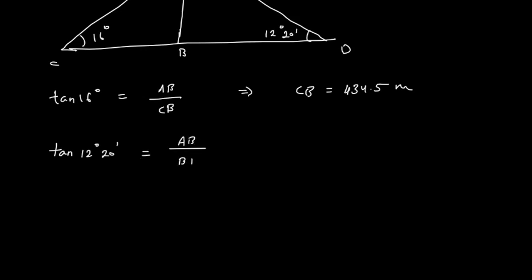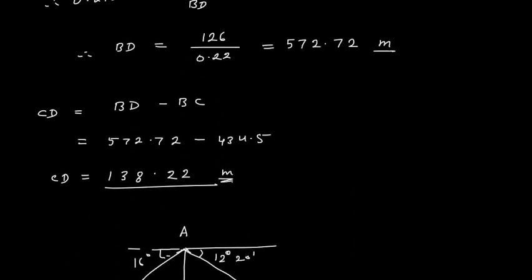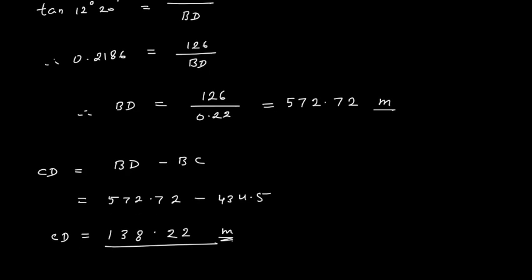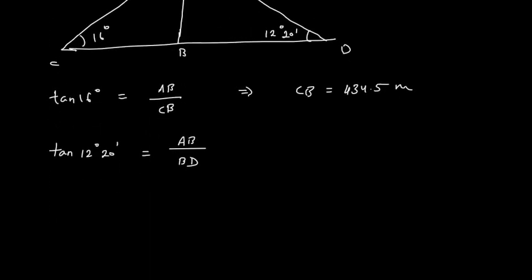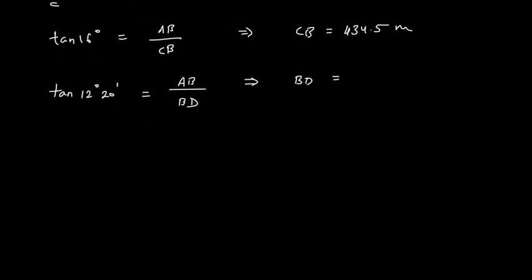Its value is 0.2186. So the value of BD which I will get will be equal to 572.72 meter.